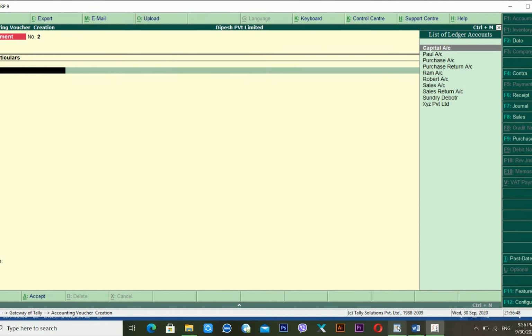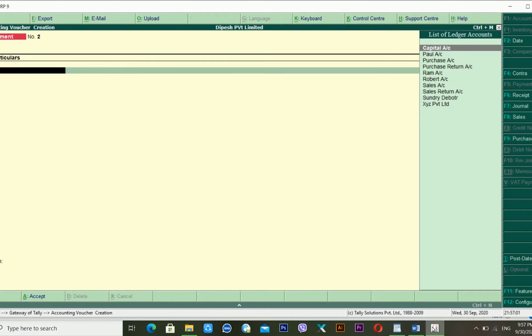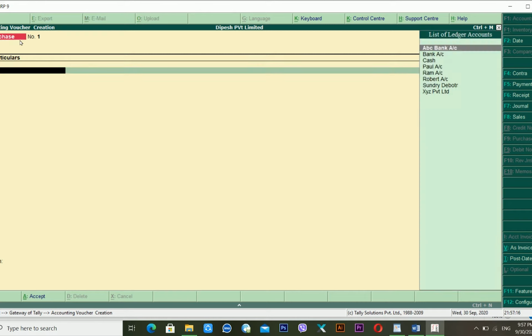And let's move on to our third transaction. For this we have the Robot account. It means we are purchasing goods on credit from Robot, right? If we are purchasing goods on credit, in that case we have to use the purchase voucher. For the purchase voucher, you have to press the F9 button, or you can directly click here also. Now you can see here is a reference, but this time I am not using the reference. Now you can see there is a CR, right?